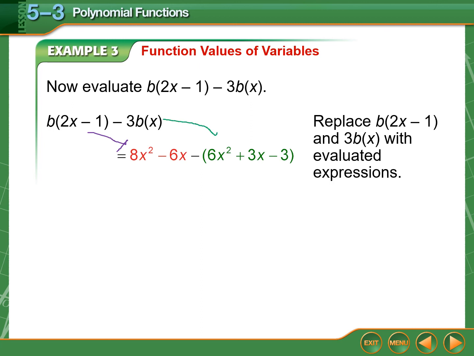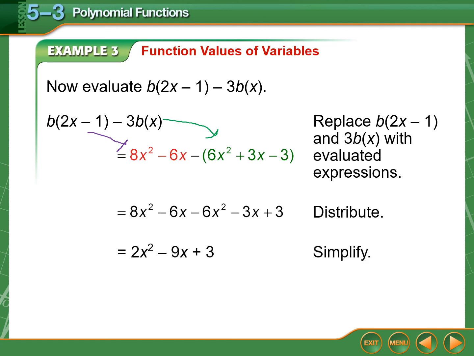So we have that there. We'll have to distribute that negative sign and then combine all your like terms. Just like we've been doing, you end up with 2x squared minus 9x plus 3. And that's your final answer. So don't be alarmed if you don't come up with one number answer. An answer like this is okay. And there you see it stated again.